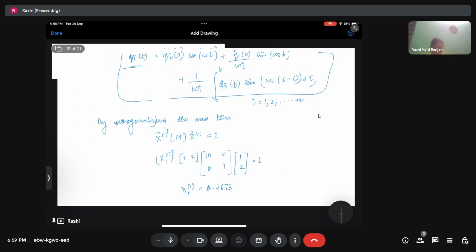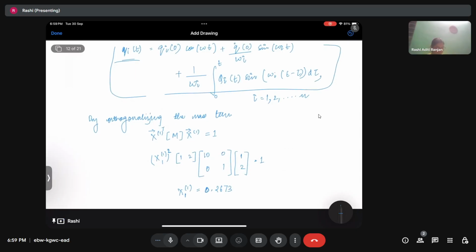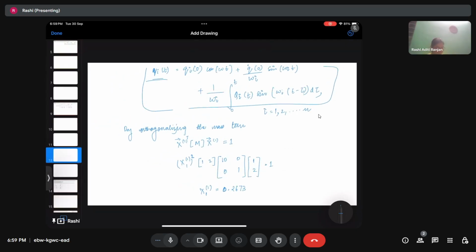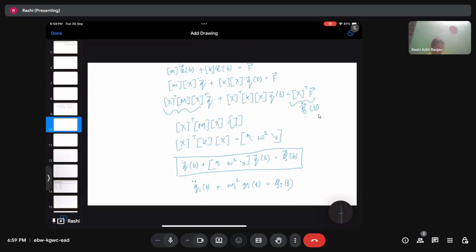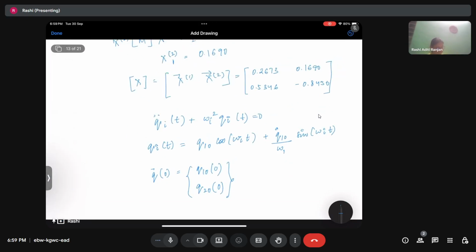So now we can write this q1 of 0 as x transpose m x0. I think you get where this is coming from.